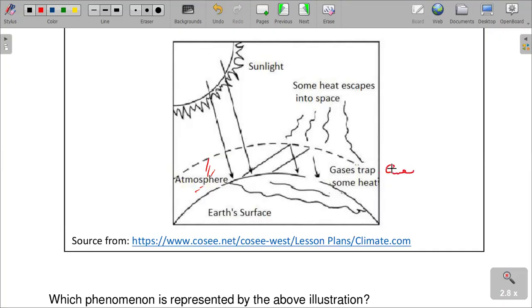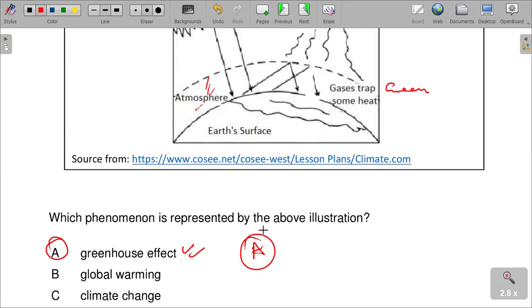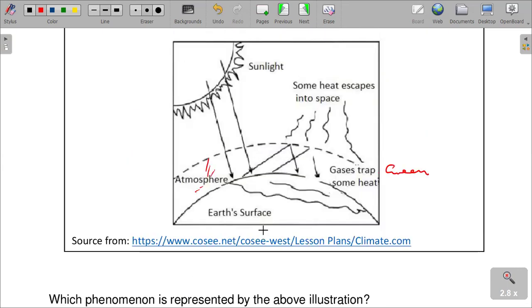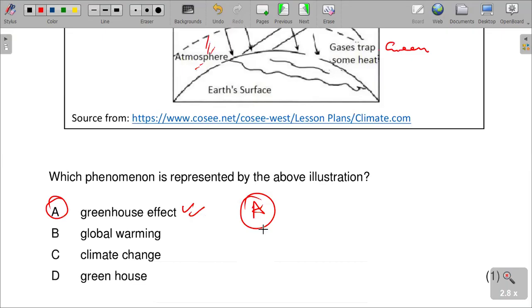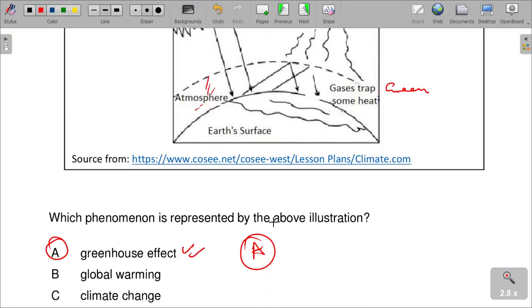We are talking about the greenhouse gases, and the phenomenon represented is the greenhouse effect. A is the best answer showing what is happening here.